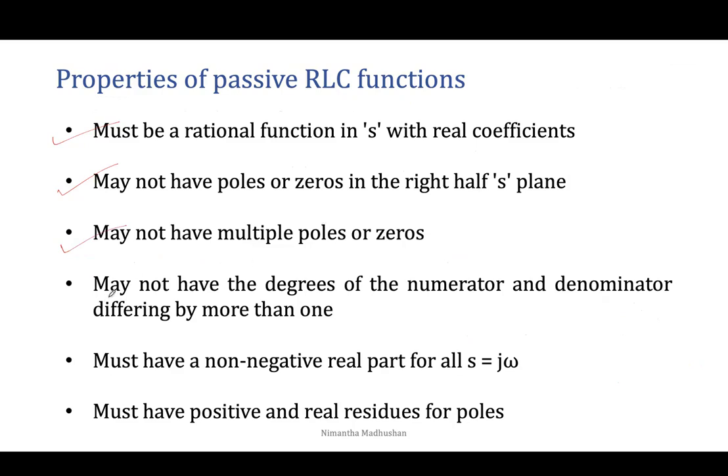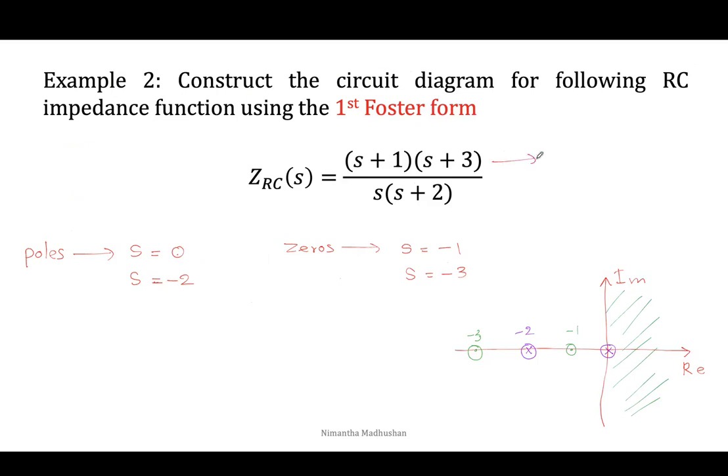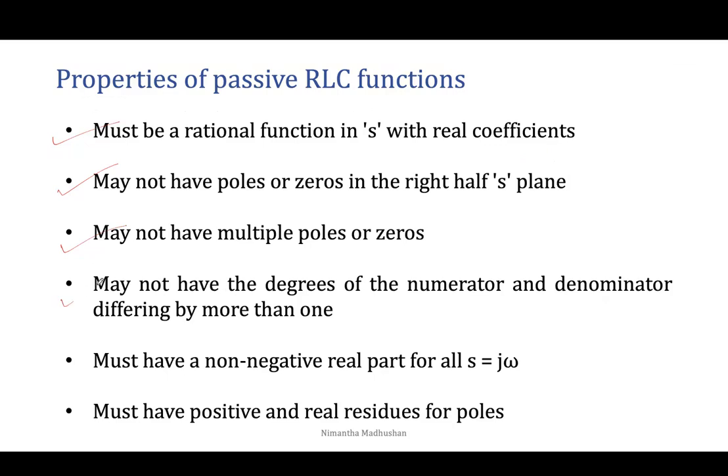And the fourth one is that it may not have the degree of the numerator and denominator differing by more than 1. For this one, the degree of the numerator is 2 and the degree of the denominator is also 2. The difference is 0, which is less than 1. Then the fourth condition is also satisfied.